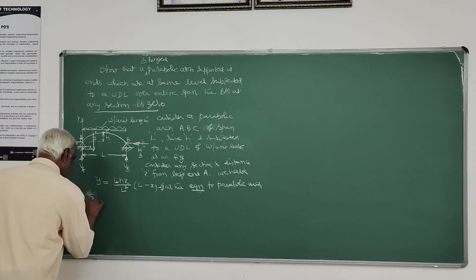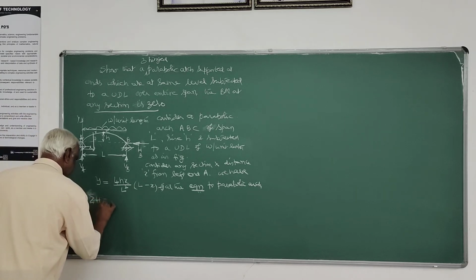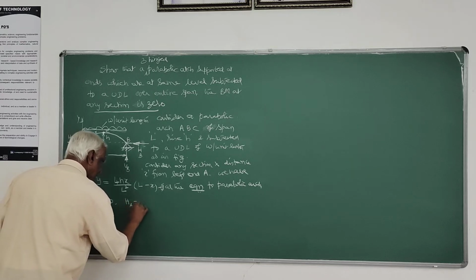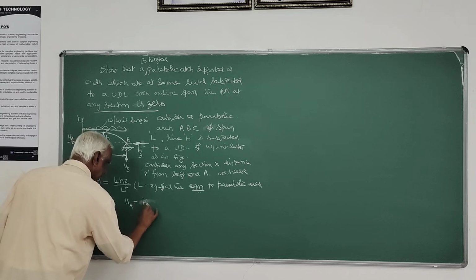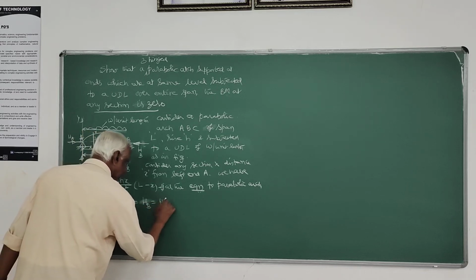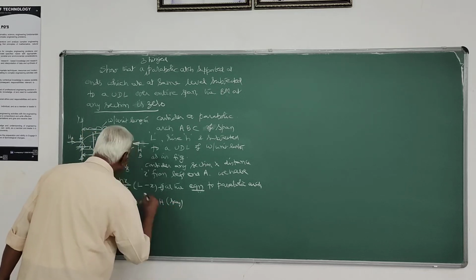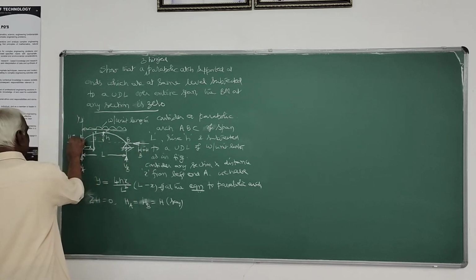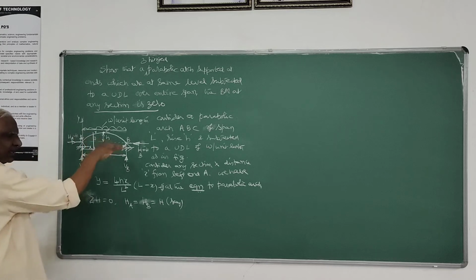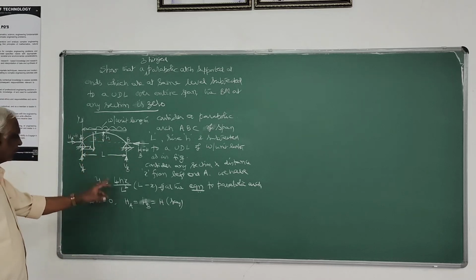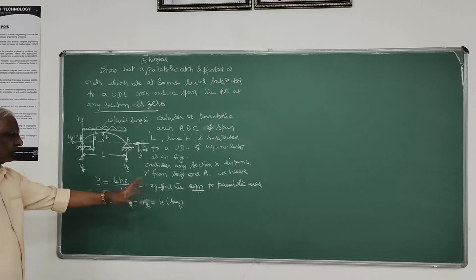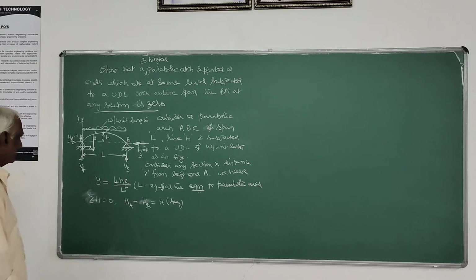Then sigma H equals 0 gives HA equals HB, and each is equal to H, because there is no other horizontal load. Therefore HA minus HB is equal to 0, or HA equals HB.